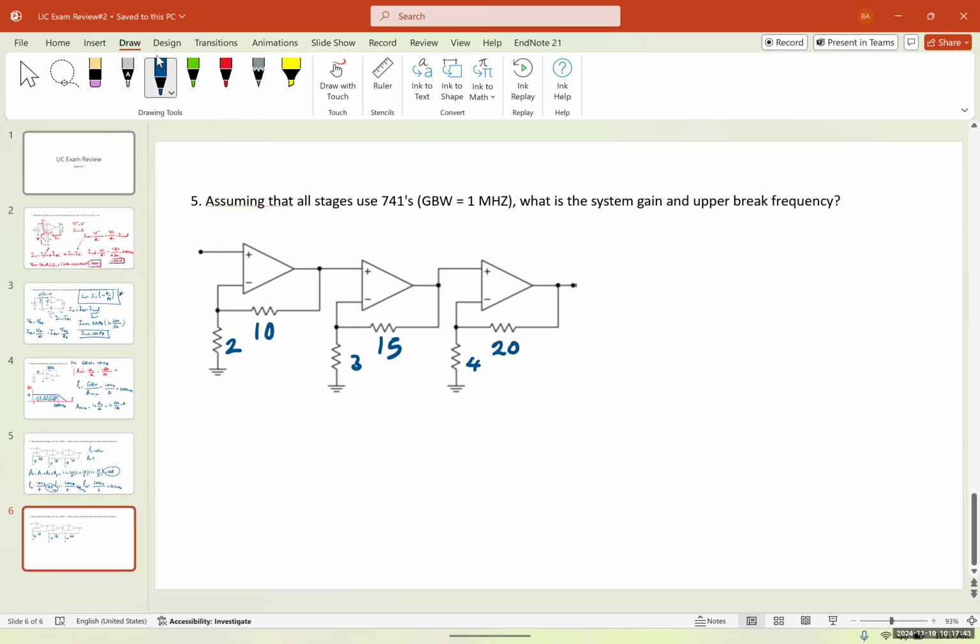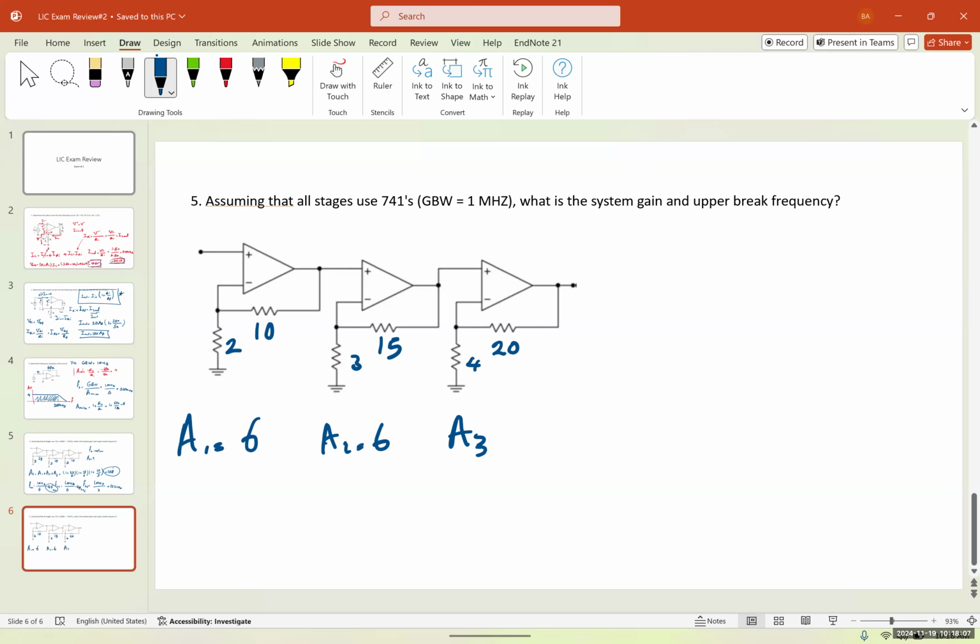Did anyone get the answer? So what is the total gain? The gain of each stage, by the way, again here, the gain and the A noise are going to be the same. For A1, it's going to be 1 plus 10 over 2, which is 6. A2 is 6.